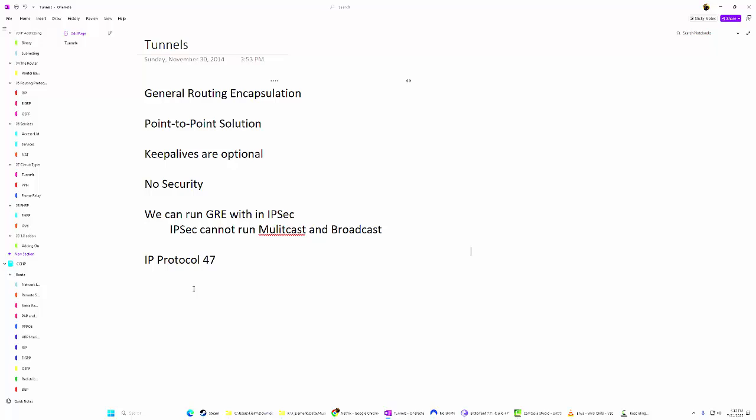And when I say over, because this gets confusing for people, even in documentation, that means the underlying aspect is the GRE tunnel that must be built, and we are going to run IPsec over top of it. So that's what IPsec over GRE means. The multicast and broadcast, we'll deal with that later. And of course, GRE is IP protocol 47, which you will see in packet captures. Be strong, be determined, be Cisco.